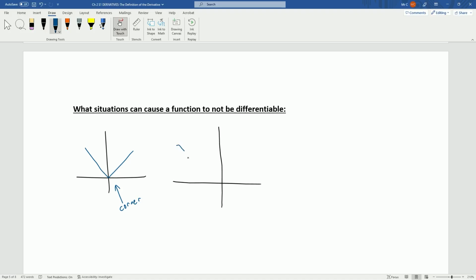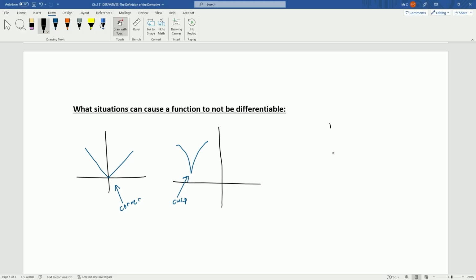So that might look like this. It looks a lot like a corner, but instead of two straight lines, you have a curve where the direction of the curve changes at that point. So the cusp could go that way, or you could flip it upside down, etc.